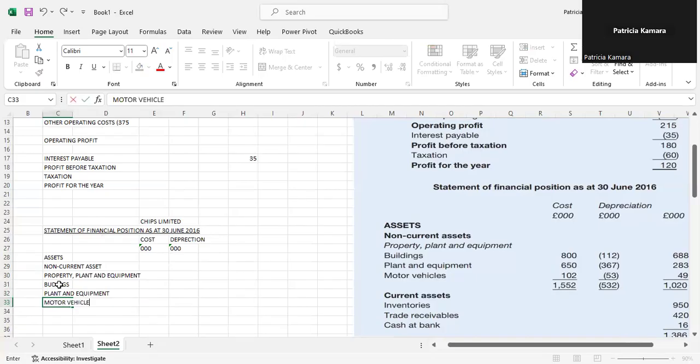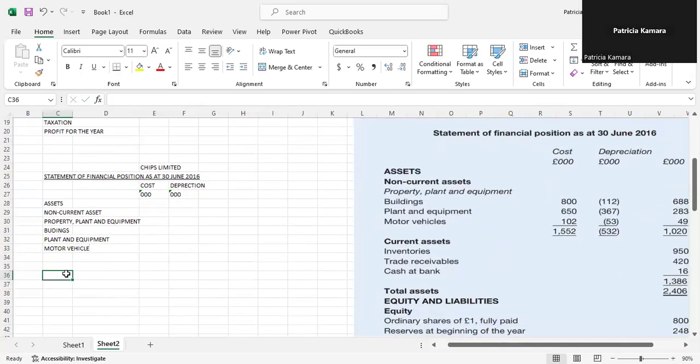Motor vehicle, right? So when we are done with our non-current assets, we can now calculate our current assets. Current assets. We have inventories.